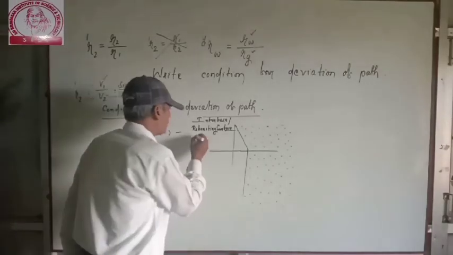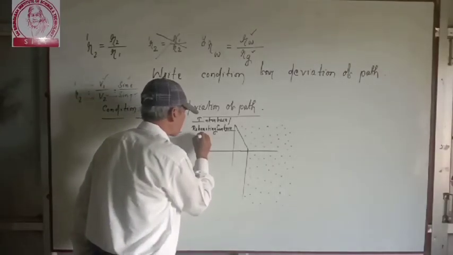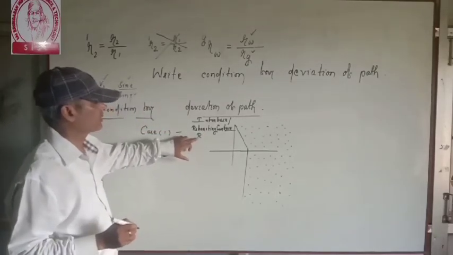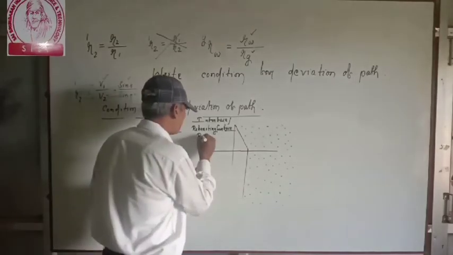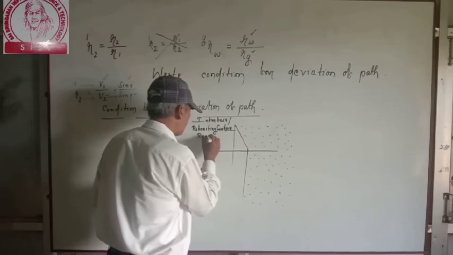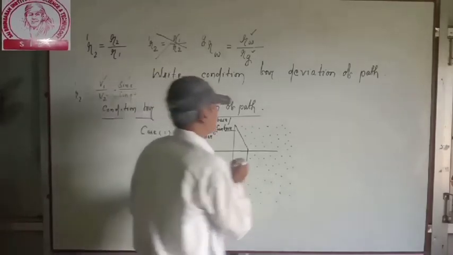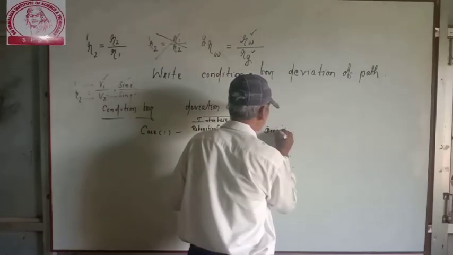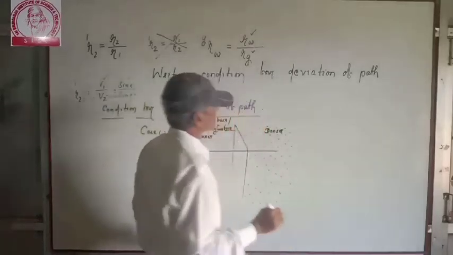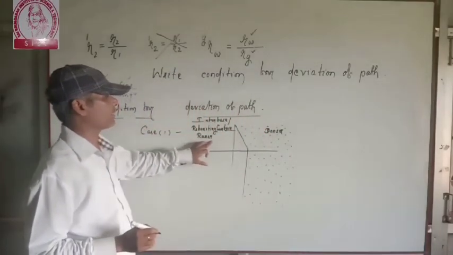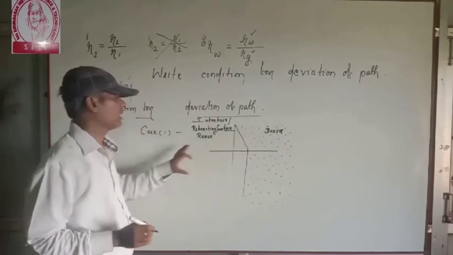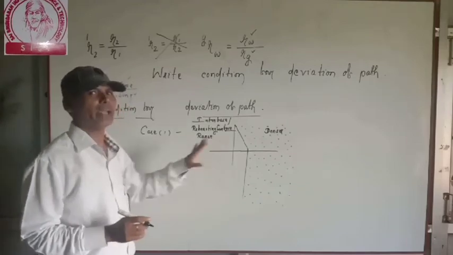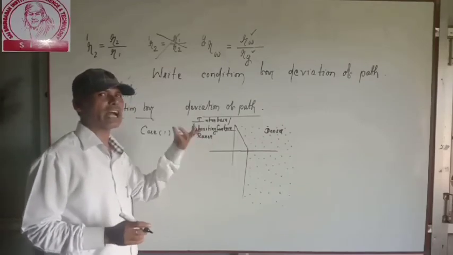Symbolically, I may write here R, or you may write RARER, and here you may write DENSER. So now this is the rarer medium, this is the denser medium. If we compare, this medium is more transparent than that.